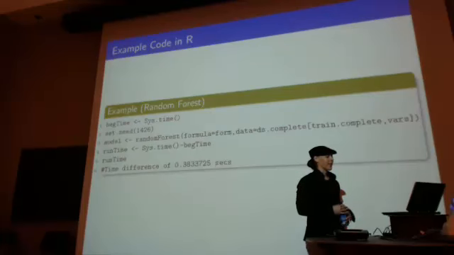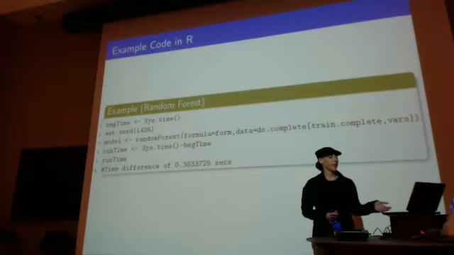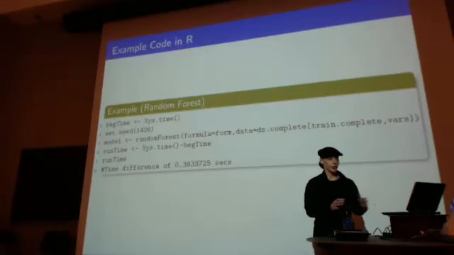So here's an example. This is just the default random forest call. The reason I set the formula and the data the way that I did is, one, so I didn't have to replicate many data sets that I'm trying to hold in memory, but also so that I have a much more reusable call for these different algorithms.